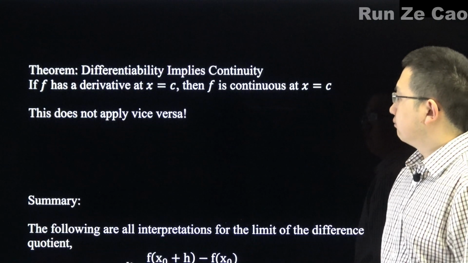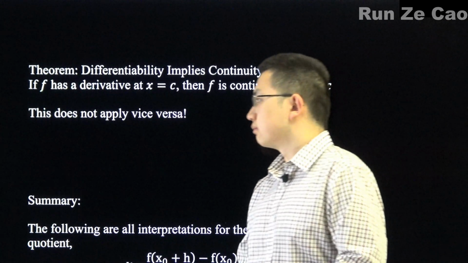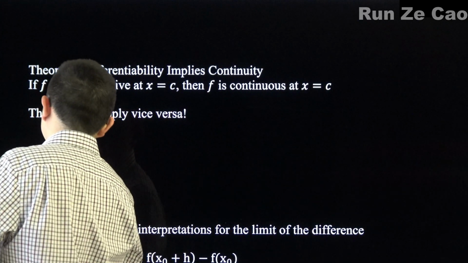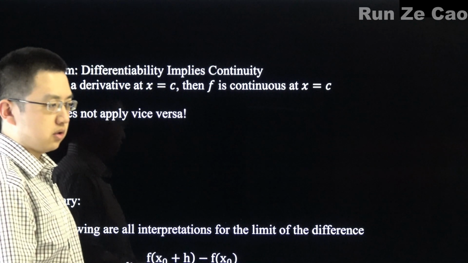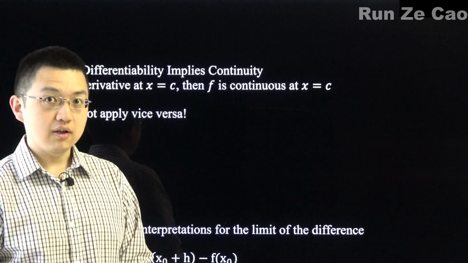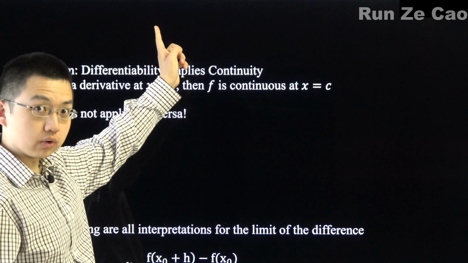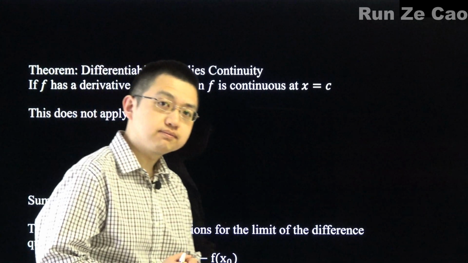There is a theorem about differentiability and continuity. If f has a derivative at x equals c, then f is continuous at x equals c. This does not apply vice versa. F can be continuous and not have a derivative, as we just showed with the absolute value function.